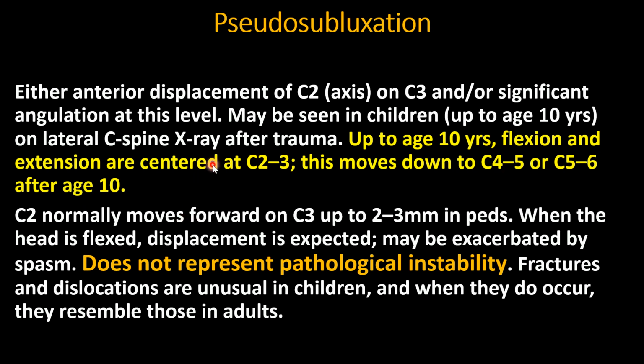Pseudo-subluxation occurs in children between the second and third cervical vertebra. Up to the age of 10 years, flexion and extension is centered at the C2-3 level, and after that it moves to C4 or C5 after the age of 10.